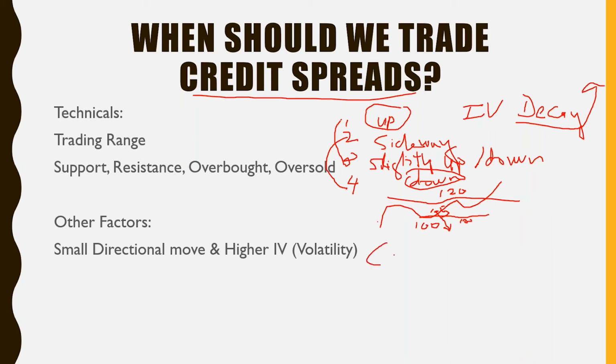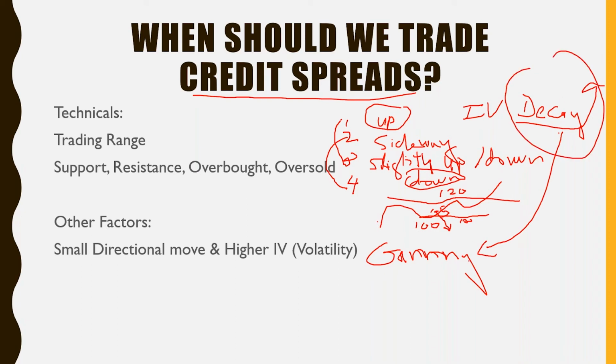And you've probably heard about gamma squeeze. I just want to touch a little bit on this. Gamma is the measure of the volatility of the delta; when it gets close to the expiration, the gamma can increase versus the time decay. So the decay has to be more than the gamma for you to make money.